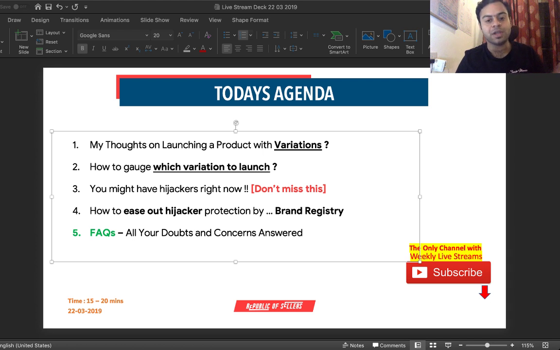You need to ensure that you have the right permission, so that if somebody comes knocking at your door saying you don't have the rights to sell this product, and Amazon puts you down, you'll have a letter of authorization to show to Amazon, and that will be the end of the discussion and you will live happily ever after. So get that letter of authorization from the patent owner, and for that you'll probably have to figure it out via Google, and those are my 2 cents on that.